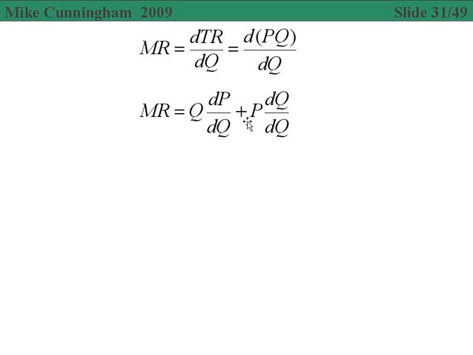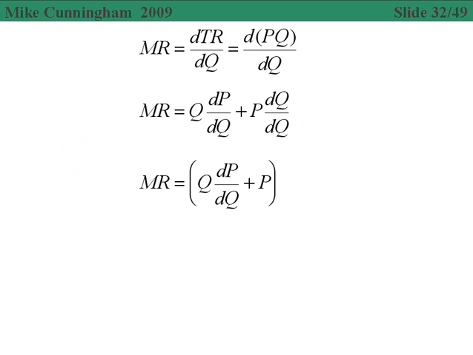Okay, so we just take Q dP by dQ plus P dQ by dQ. Yeah, if you've studied the calculus before, you'll realize that is the product rule, and everybody who does calculus knows and loves it. Well, may not.